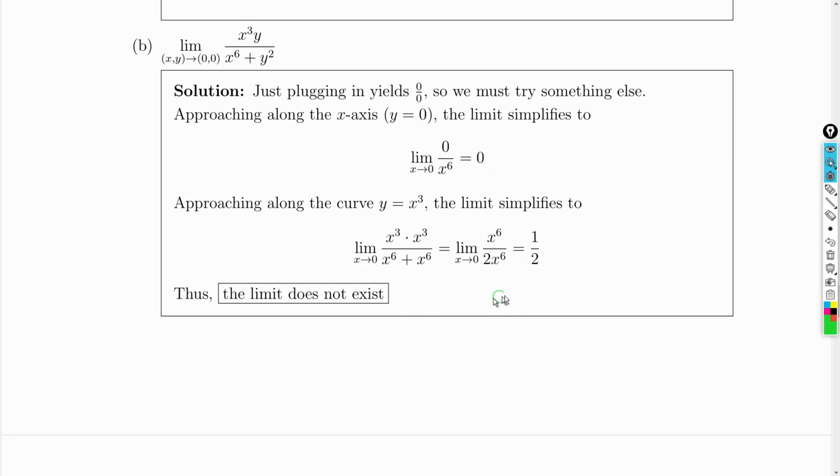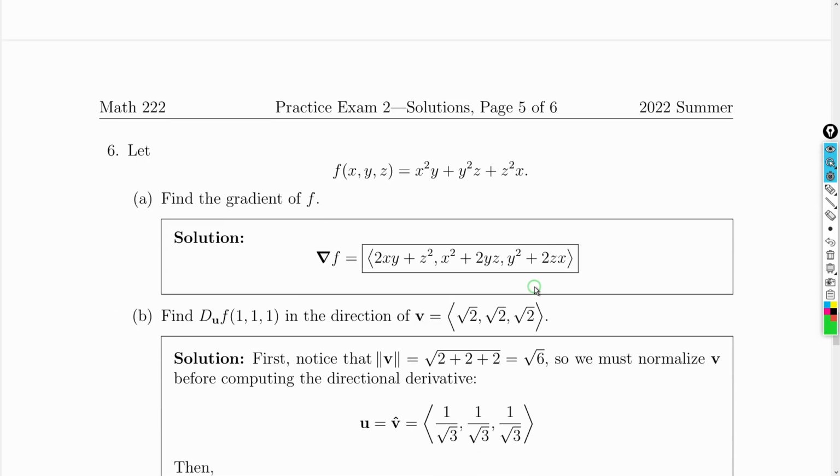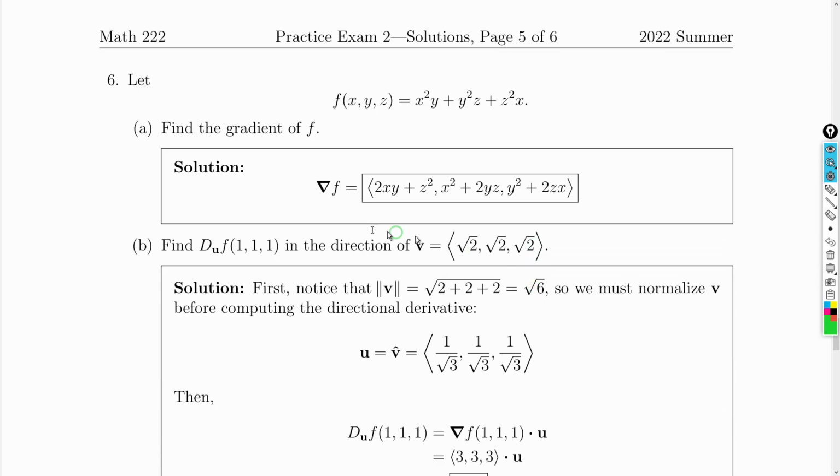So maybe I should have additionally written that we found two paths that gave two different results. Approaching along this path wants the limit to equal 0. Approaching along this path wants the limit to equal 1/2. They're not the same, so the limit doesn't exist. Something along those lines. You can phrase it however you want.